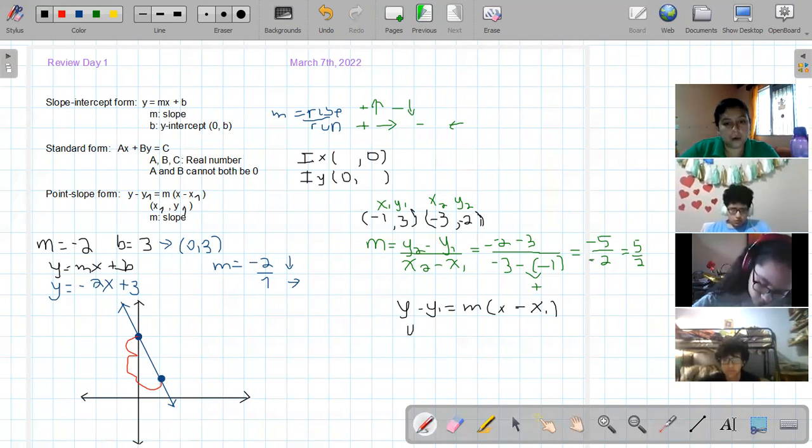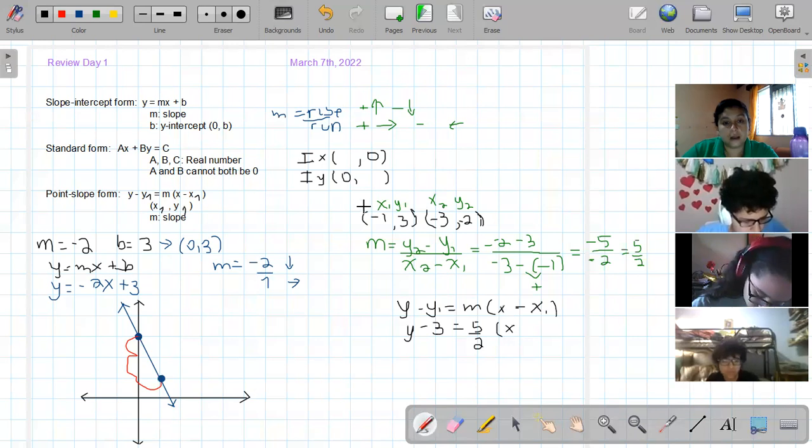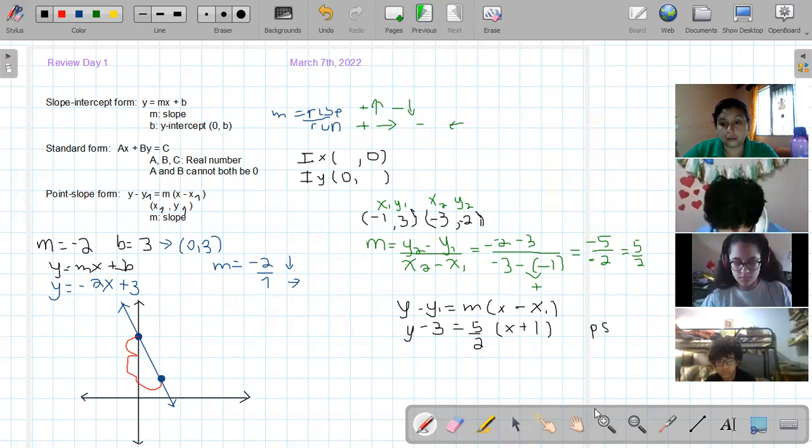So I'm going to say y, remember we changed the sign, so 3 is positive. So y minus 3 is equal to m, which is 5 over 2, times x, and x1 is negative, so I'm going to place plus 1 because I changed the signs. This is the point slope form equation.